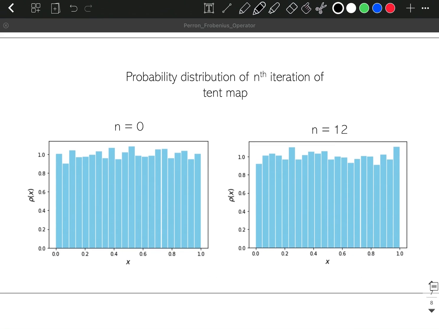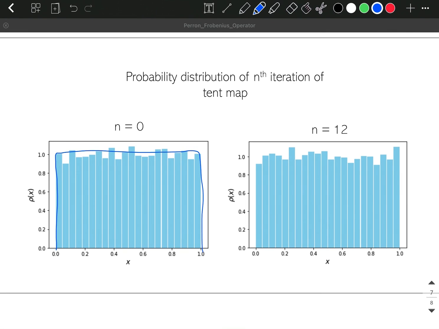On the left-hand side we have a large number of initial values that satisfied the uniform probability distribution, as can be seen here. And it was normalized, and so hence the maximum is 1, or the area under the curve here would be 1.